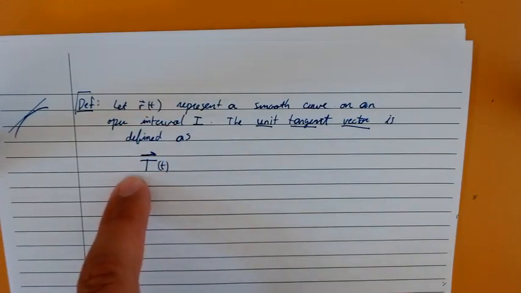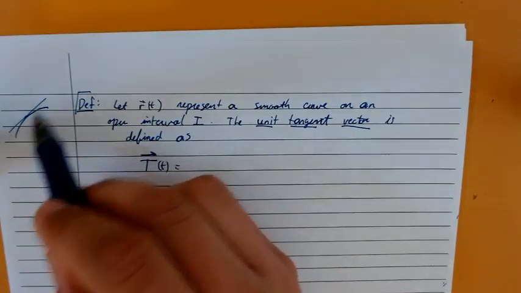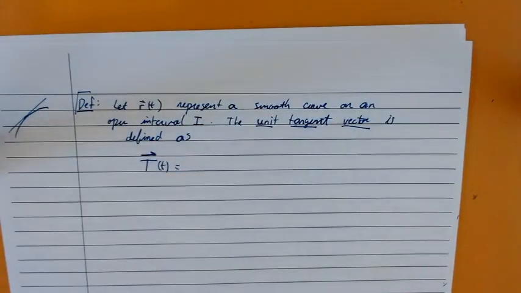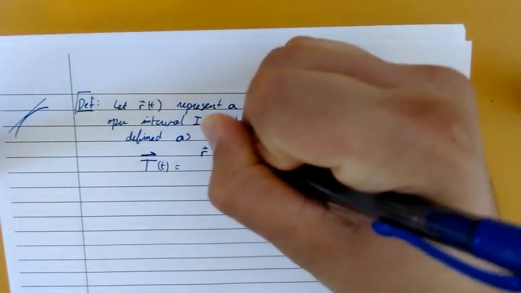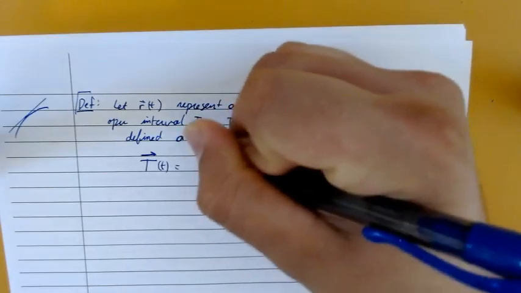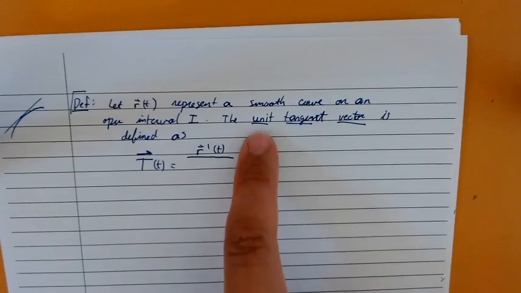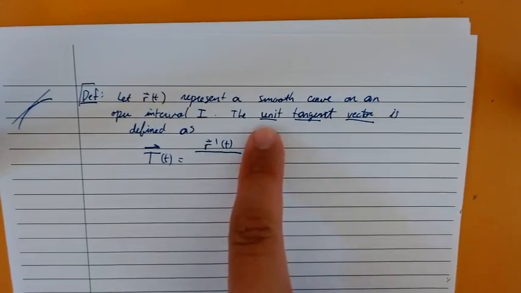So this would be the unit tangent vector, and it's given by, well, probably the most obvious way to do it is to say, oh, well, it's the derivative of the vector-valued function. So here it's going to be given by r prime at t. Now you might say, why are you putting it so high? Well, it's a unit tangent vector, meaning it's got length 1.